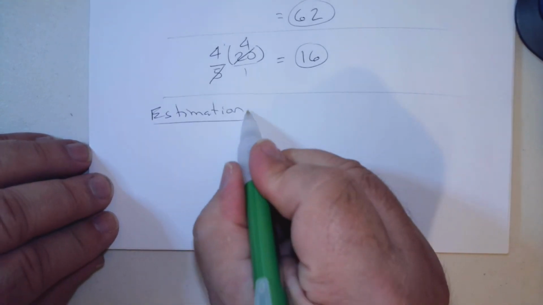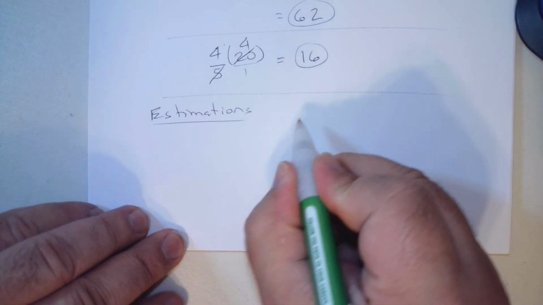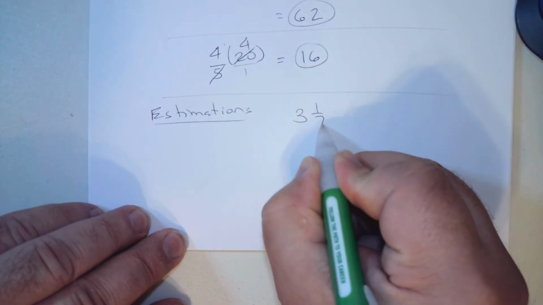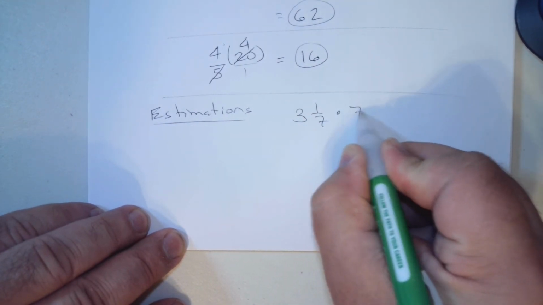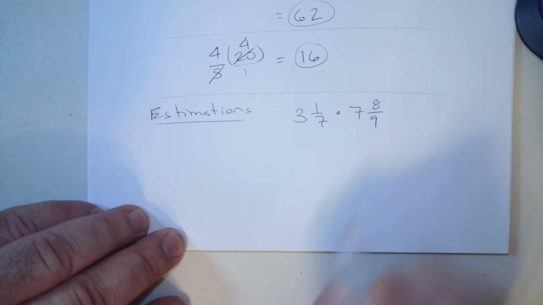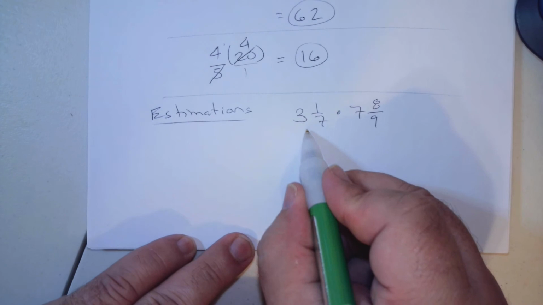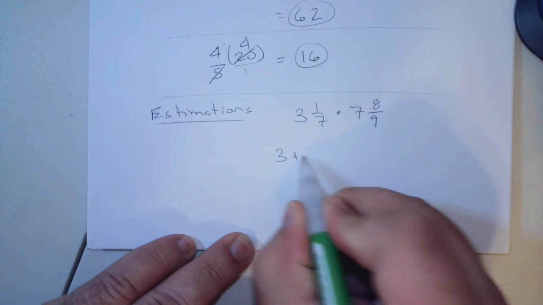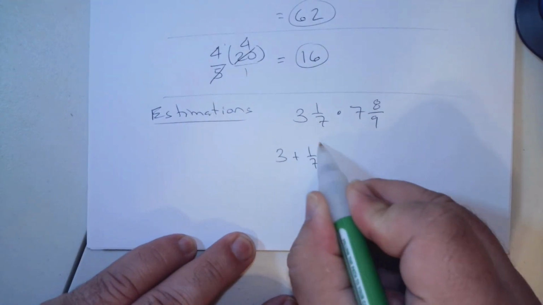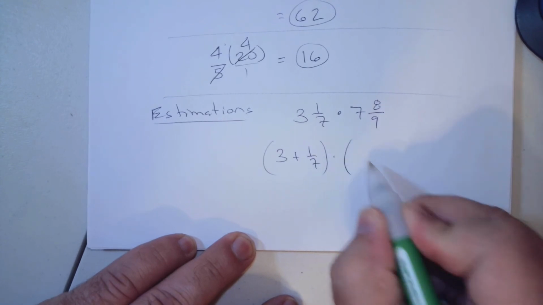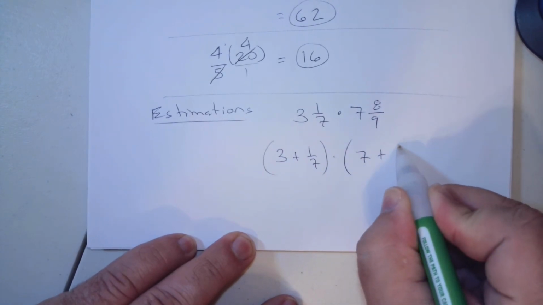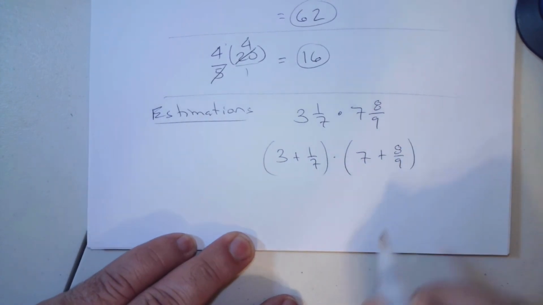Estimations. Take 3 1/7 times 7 8/9. So this one becomes 3 plus 1/7, and 7 plus 8/9. Remember, we're estimating.